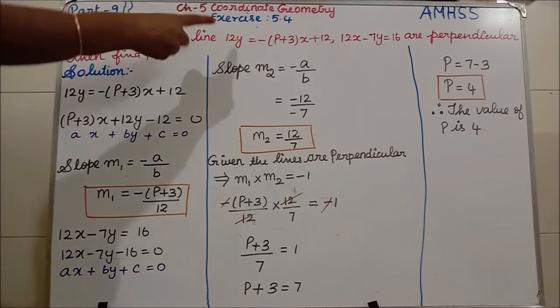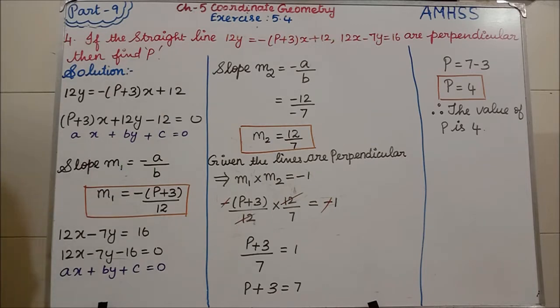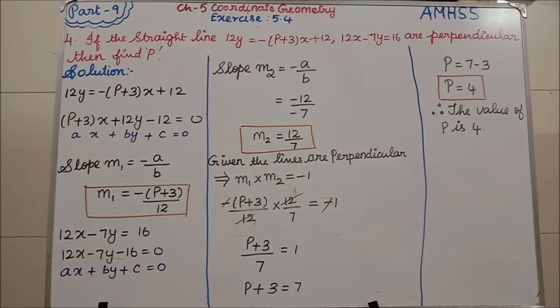Okay, this is one equation, comma 12x minus 7y equal to 16, that is another equation. They are saying the two equations are perpendicular. Then find p. This is our question. See, they have given two equations and they are saying the two equations are perpendicular.